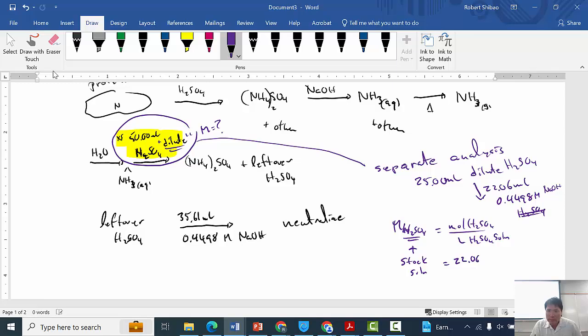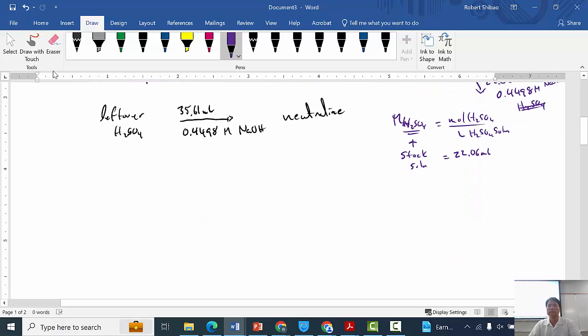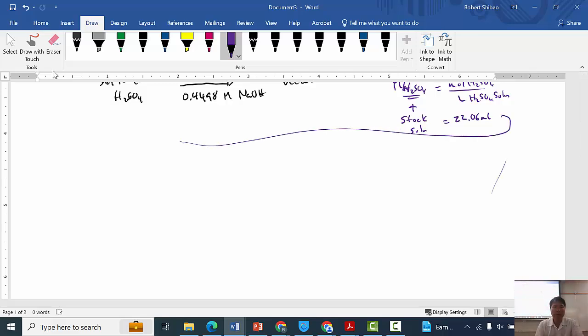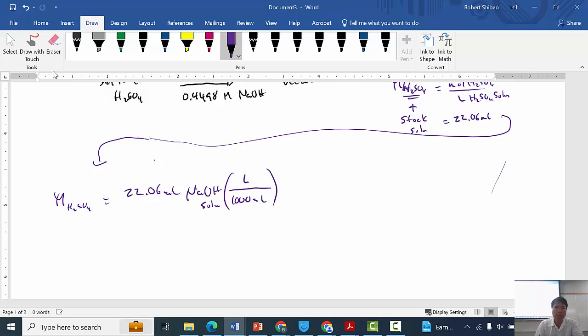22.06 milliliters. Actually, I'll need some more room. So let me do it over here. This is the sodium hydroxide solution. Then we're going to convert it into liters. And then we're going to convert it into moles.